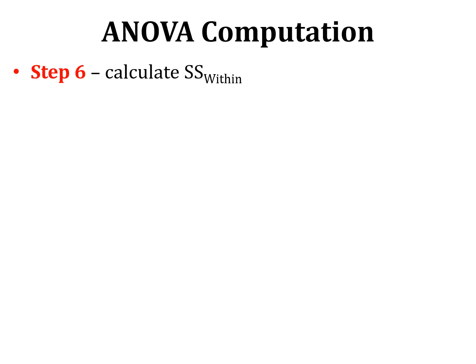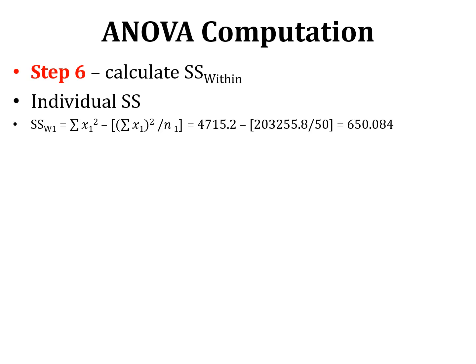Now our step number 6, which is the calculation of sum of squares within. So in that case we have to calculate the individual sum of square values. So sum of squares for sample number 1 is the summation x square minus summation x whole square divided by n1.